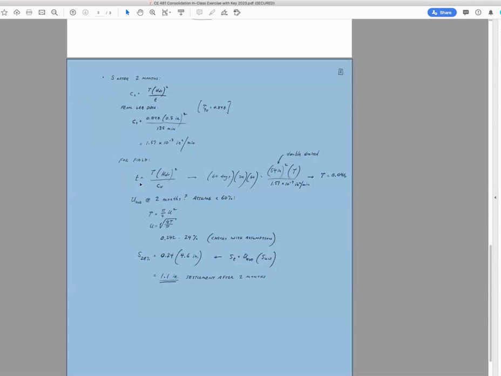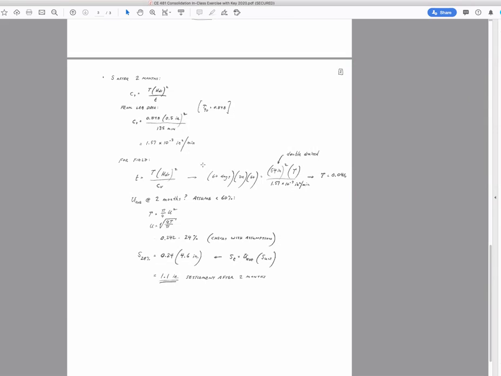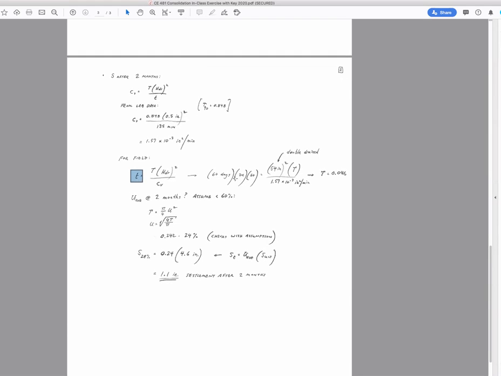And therefore, little t is going to be 60 days, 2 months, times 24 hours, times 60 minutes per hour. It's double drained. Now we're in the field.